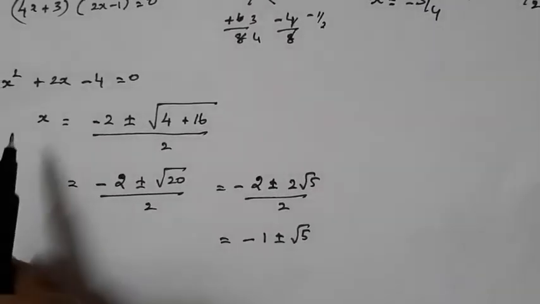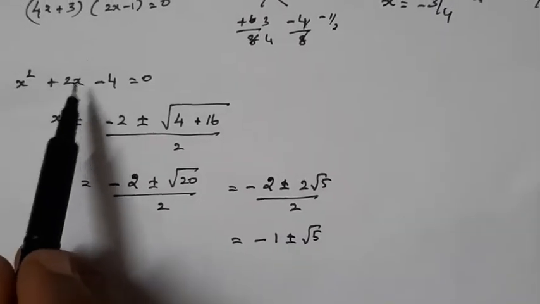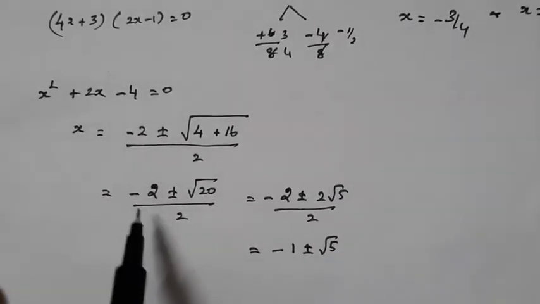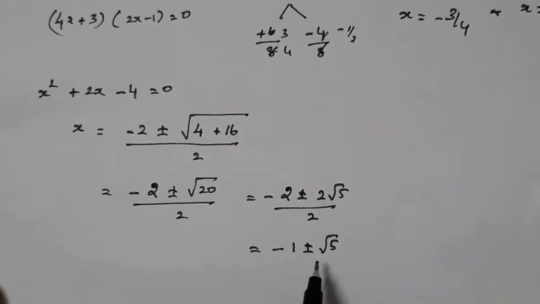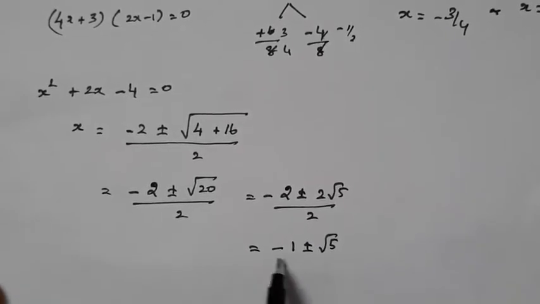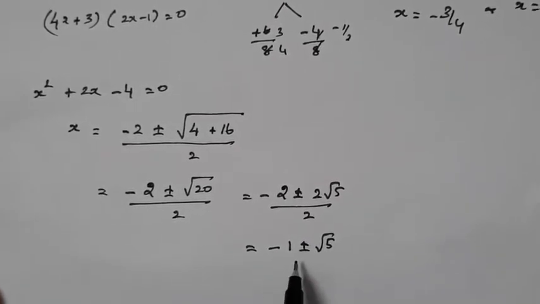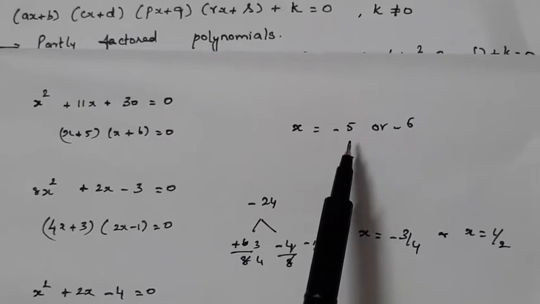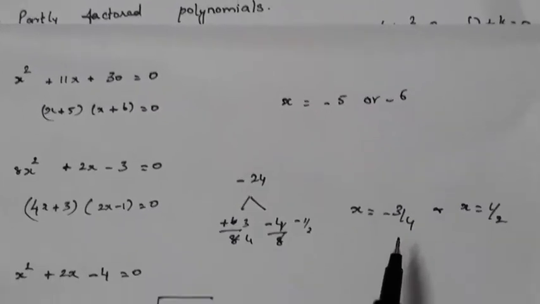So look at this equation. It cannot be factorized, and so by using the formula, we got the solution as minus 1 plus or minus root 5. So what is the nature of the root? The root is an irrational root. In the first case the roots are integers, and in the second case they are fractions.